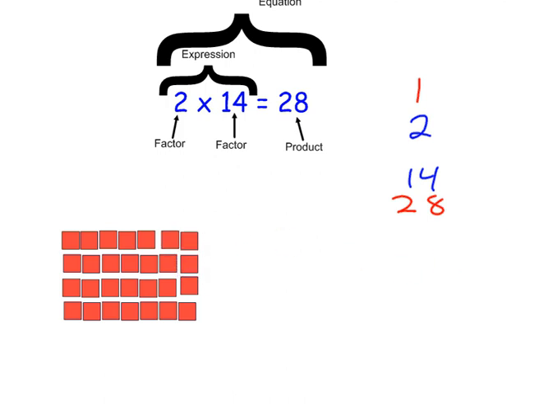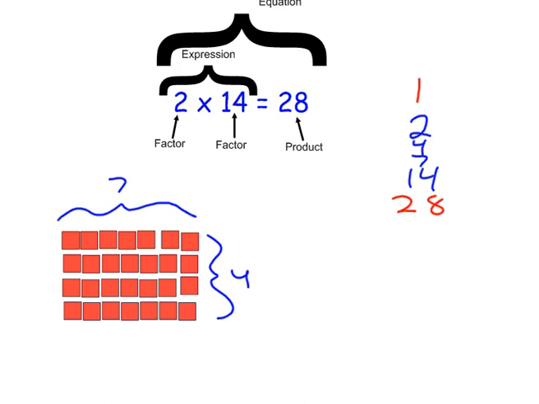Still doesn't quite work out. Oh, there we go. What does that look like? We have 4 on this side, and we have 7 on the top. So we know that 4 and 7 are also factors.